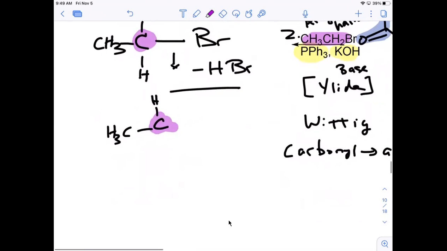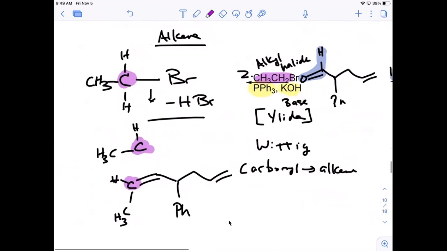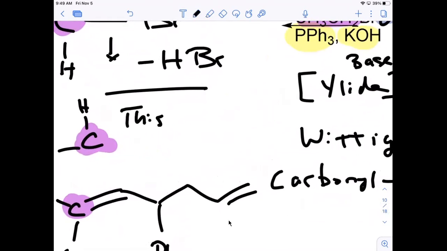So when I take that, now I'm going to put this carbon right here. CH3. It's always the carbon that's attached to your halogen or your alkyl halide that replaces oxygen.